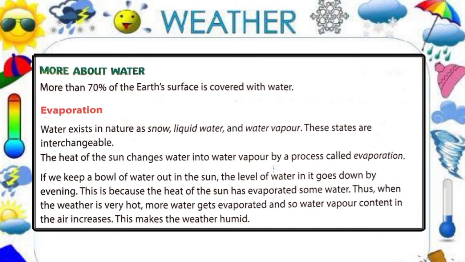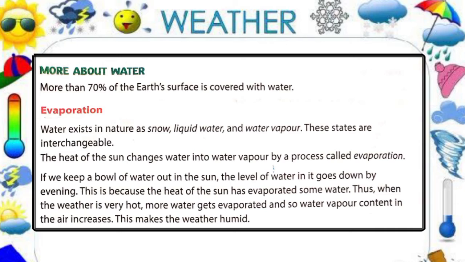As you know, more than 70% of the earth's surface is covered with water, and water exists in nature as snow, liquid water and water vapor, and these states are interchangeable. So let's understand what evaporation is. The heat of the sun changes water into water vapor by a process called evaporation.